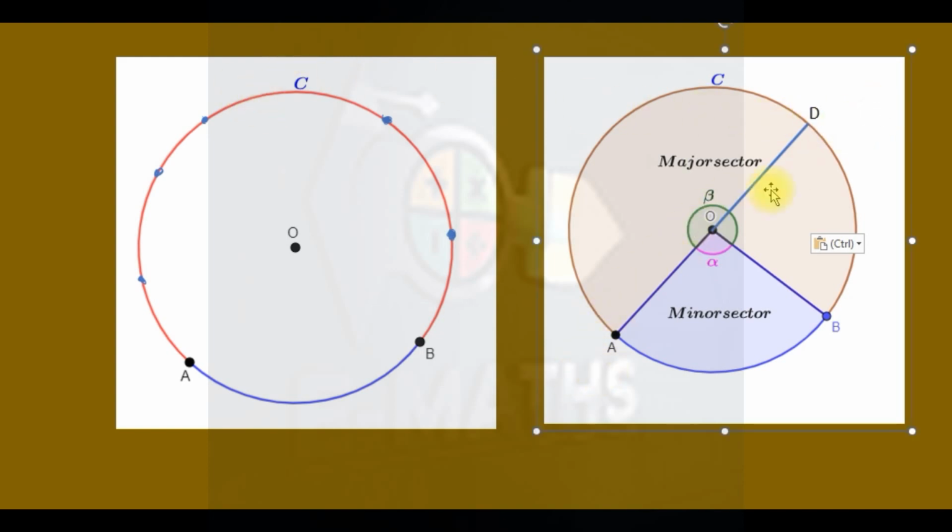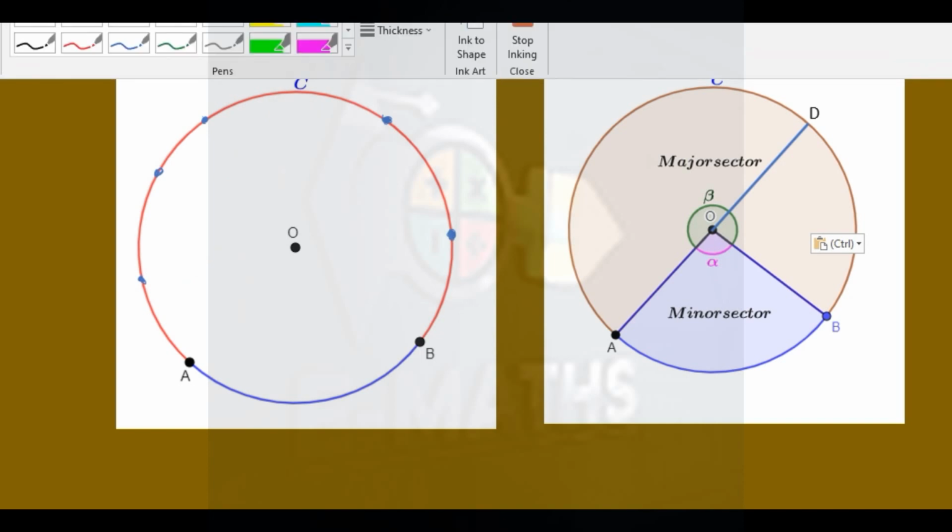So I'm saying that AD is the diameter because the distance from A to D passes through the center.